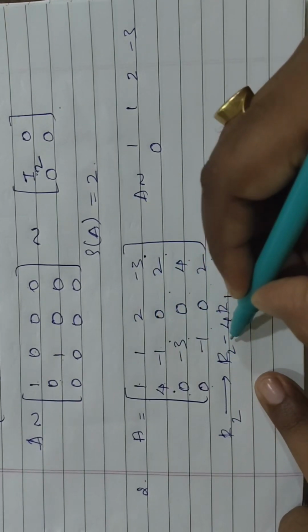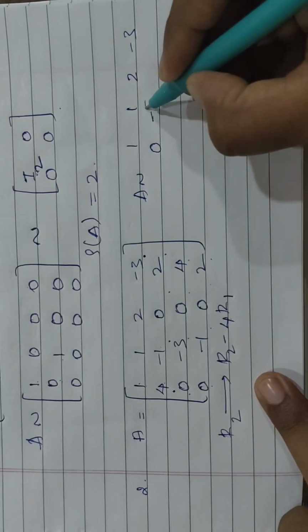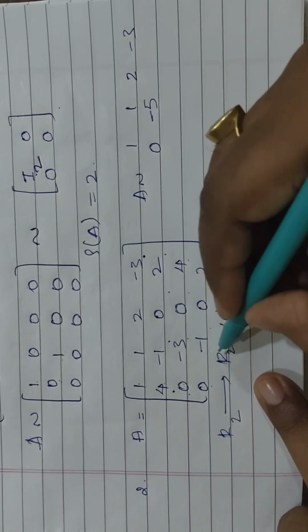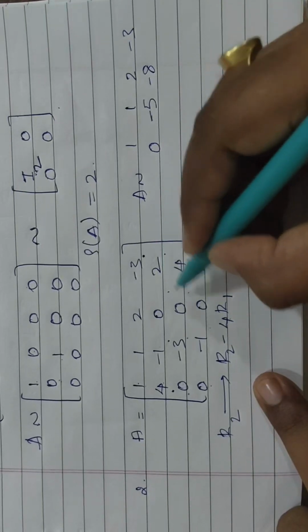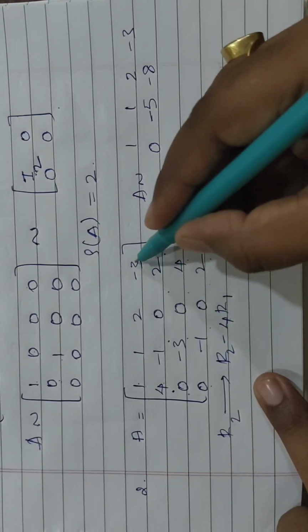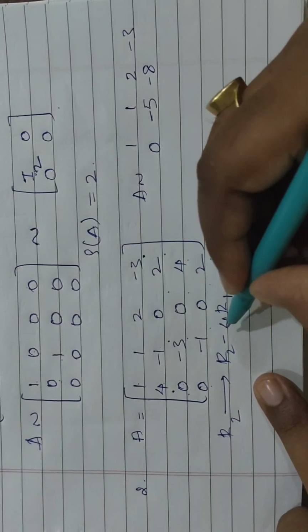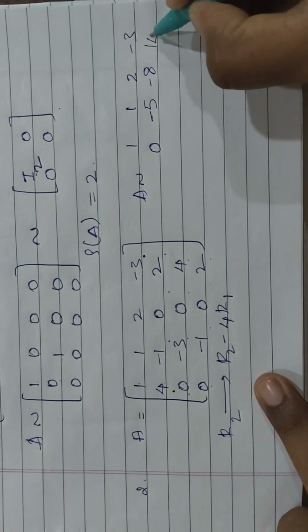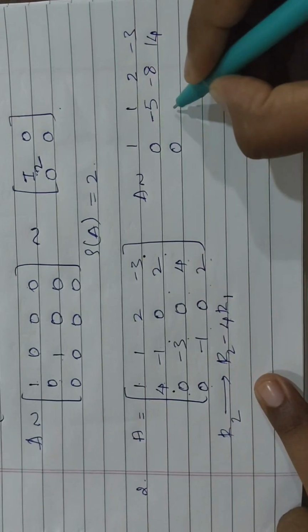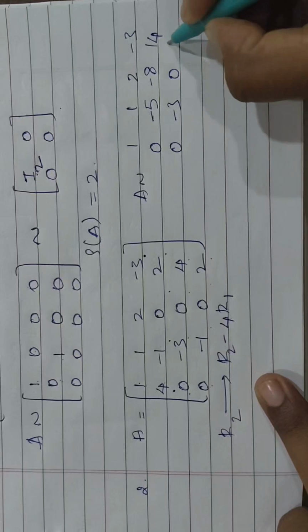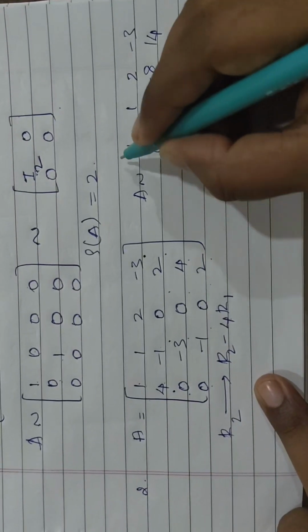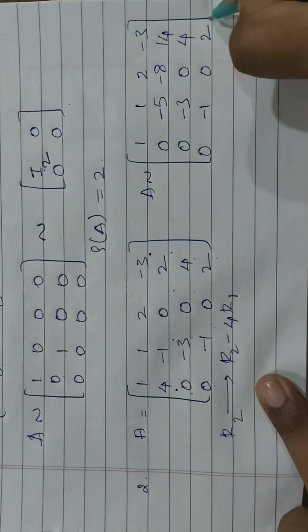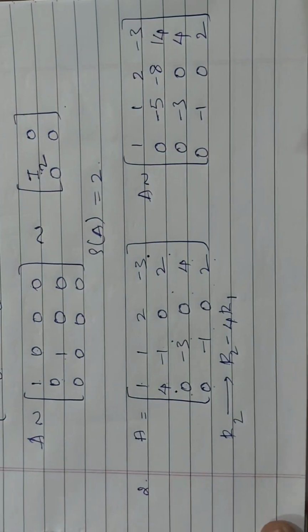So it is minus 1 minus 4, that is minus 5. 0 minus 8, so it is minus 8. 2 minus 4 into minus 3, that is 12. So 2 plus 12, 14. And the remaining thing is written as it is, as there is no transformation for R3 and R4. So this is the first step.